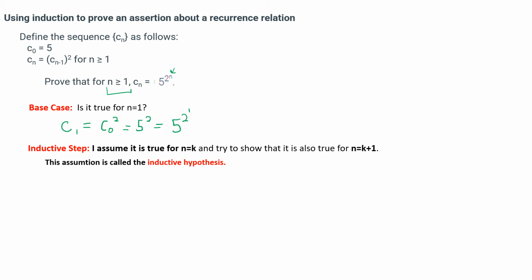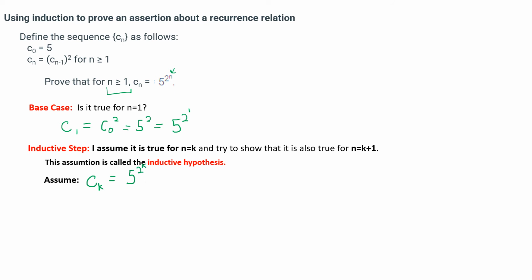So now let's go on to the inductive step. And remember, for the inductive step, we make an assumption. So the assumption is going to be that it's true for n equals k. So we're going to assume that C sub k is equal to 5 to the 2 to the k.